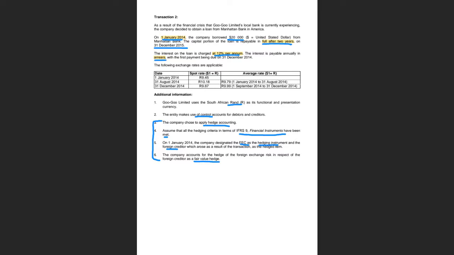That means we're going to create that fake creditor, that creditor called accrued interest, called interest payable, called interest accrued. We're having to create that creditor, and that creditor now is a monetary item, meaning that we need to remeasure him all the time.